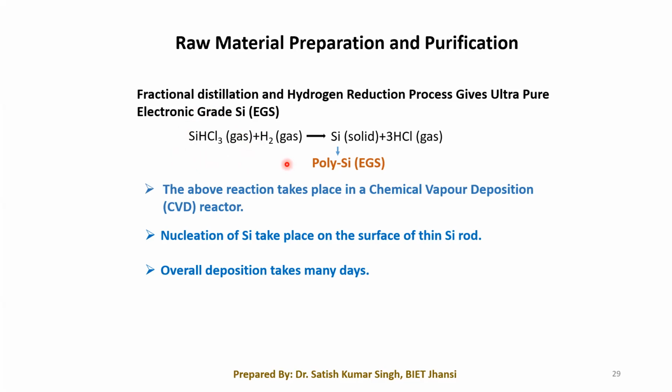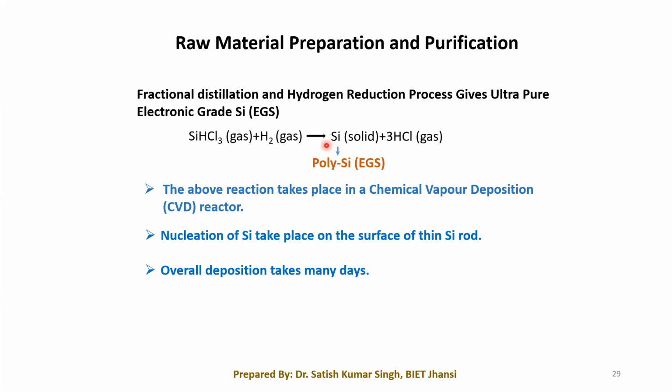After heating, we need to go for a nucleation process. We place a thin polysilicon rod inside the chamber, and on that rod surface the silicon will start nucleating. It will start depositing on that surface.